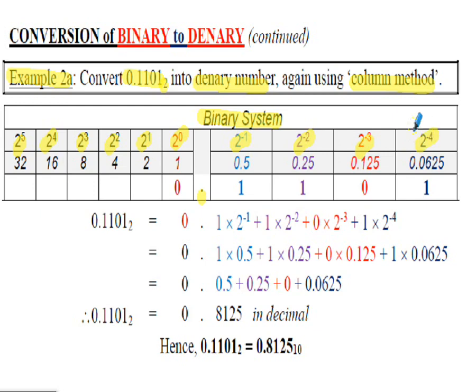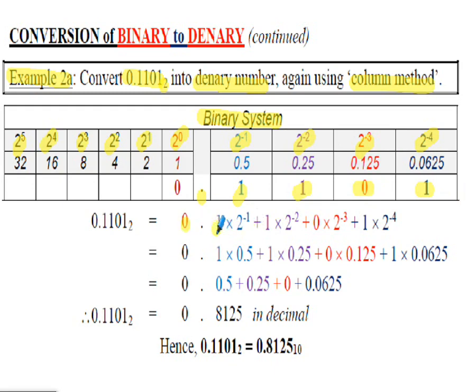In this particular case we're just looking at a fractional part of the number, and we're given 0.1101 in binary in the question. So using the column heading method to work this out in denary, we simply multiply the digits by the column headings.